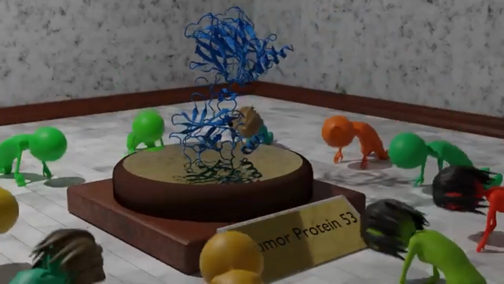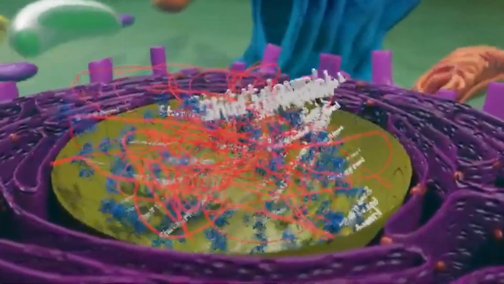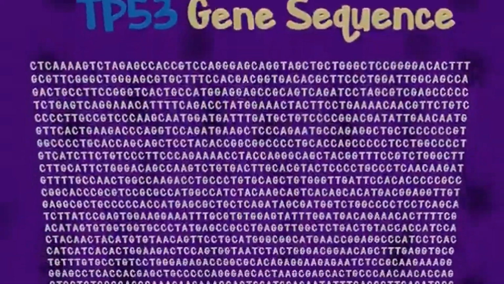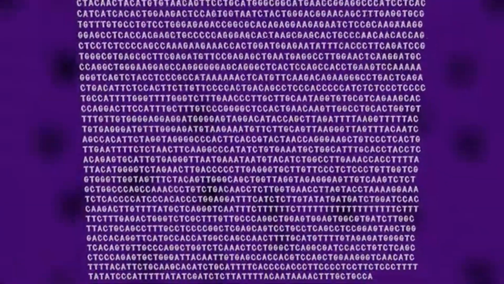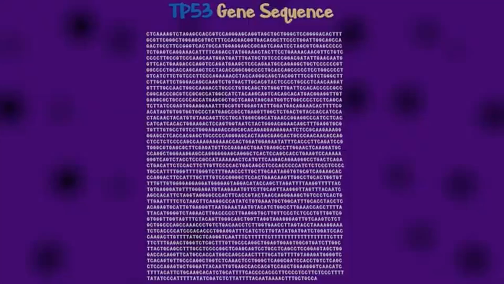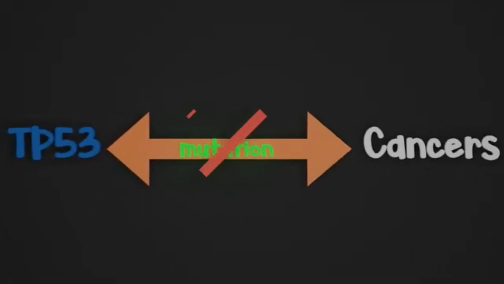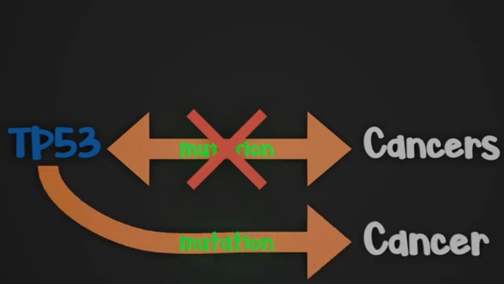If there are a lot of phosphorylated p53 floating around, the cell will shut down in a process called apoptosis, preventing potential cancers. It should come as no surprise then that mutations to TP53 are found in essentially all cancers. Let me be clear, not all cancers are caused by a mutation of TP53, but a mutation of TP53 is almost certainly going to cause cancer.